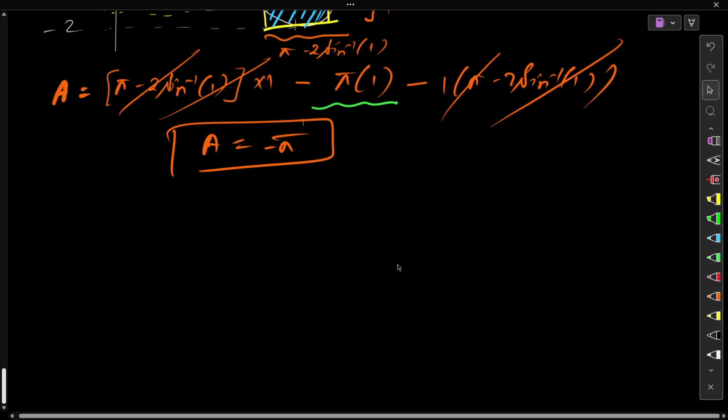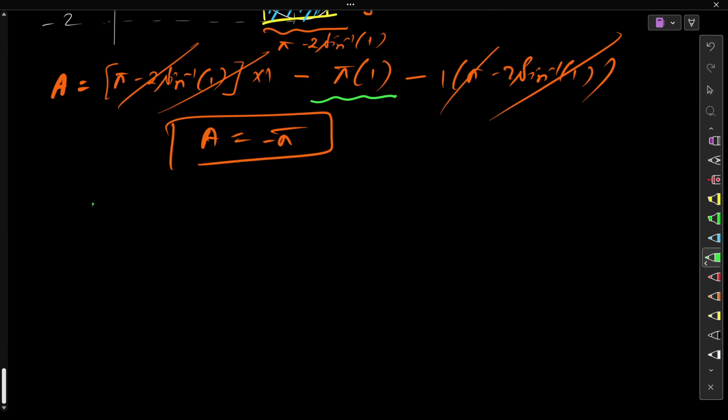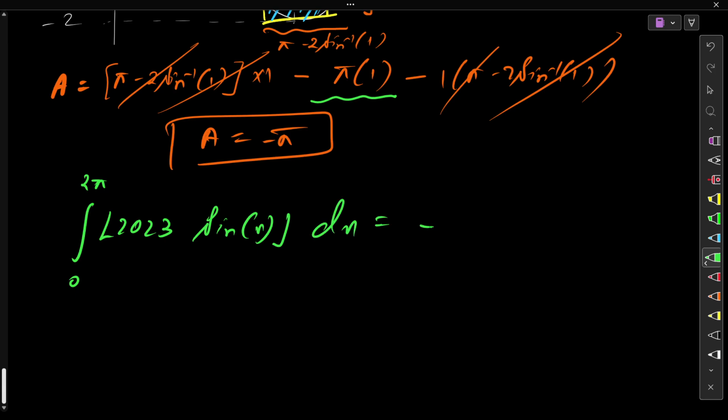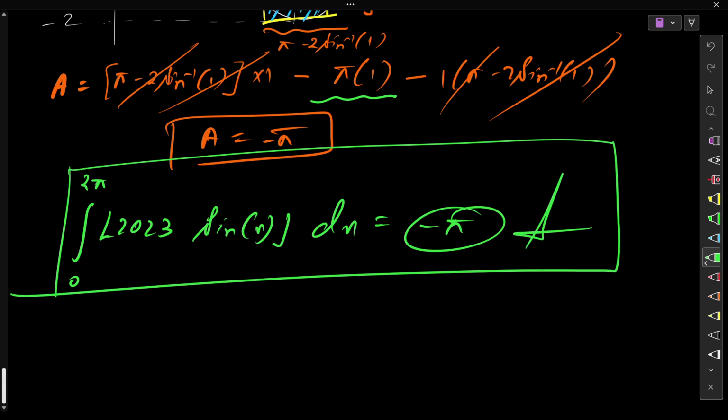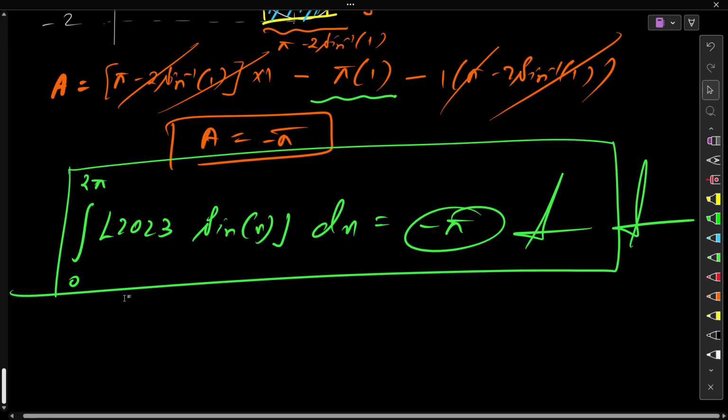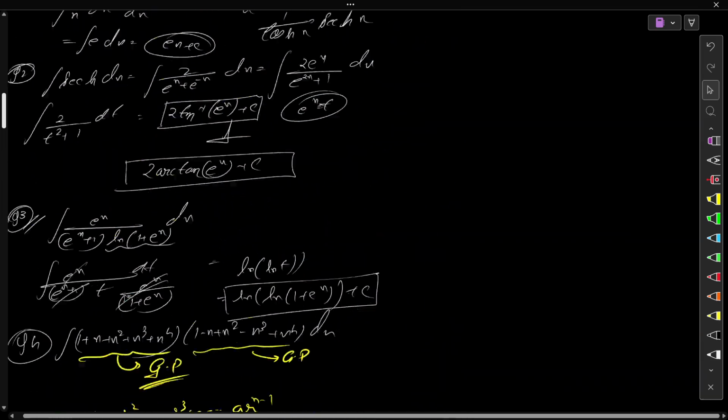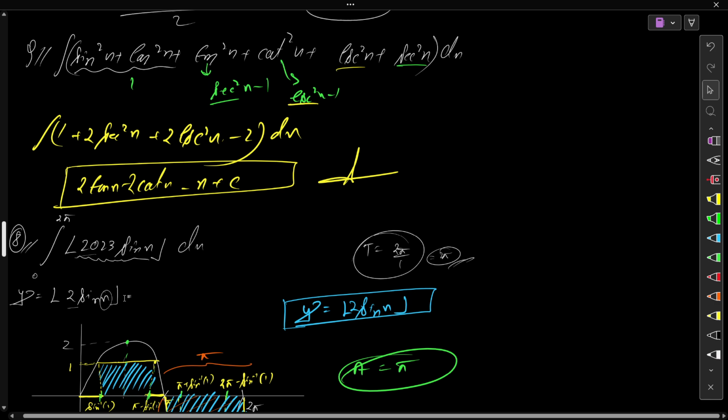So by observing the same behavior, we can conclude that from 0 to 2 pi, the integral of floor of 2023 sin x dx is equal to minus pi. So yeah, finally this is the answer. So let us move on forward.